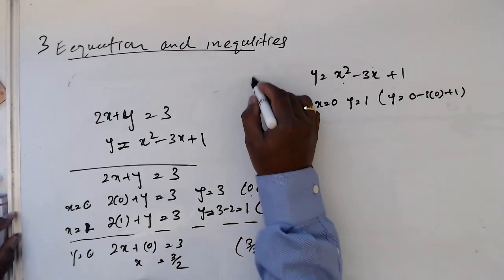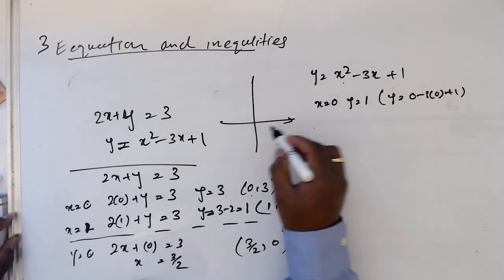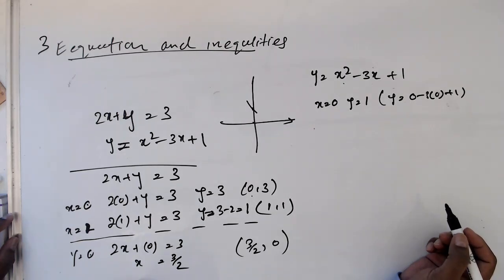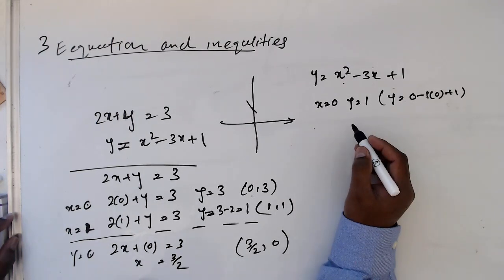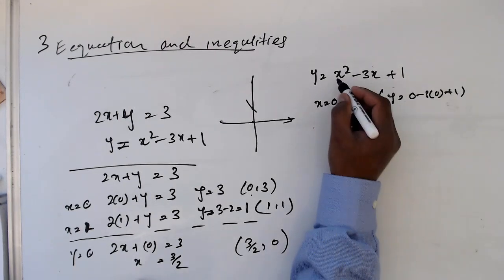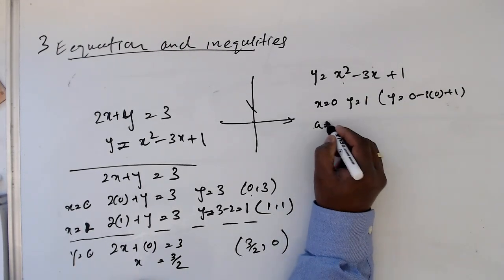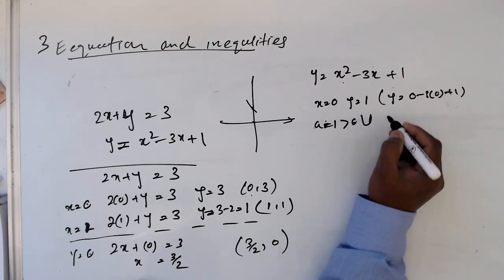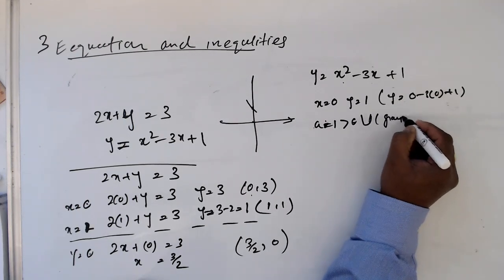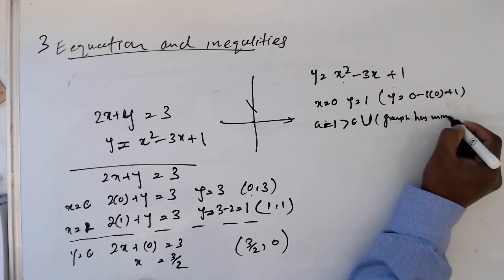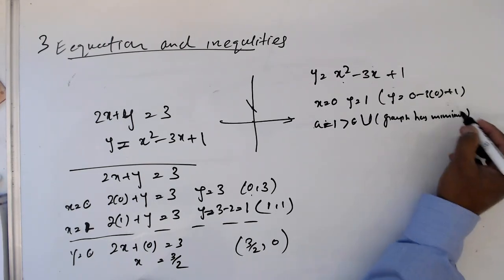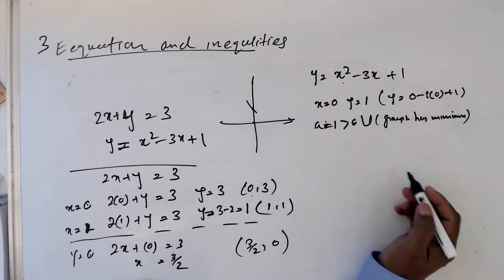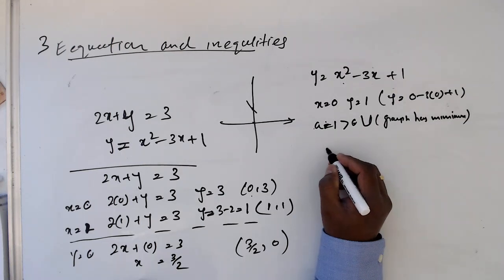The graph cuts at 0, 1. I know this is going to be like this. Also, a equal 1 is greater than 0, so it has a minimum. The graph has a minimum. So I want to find that minimum point. The technique I am going to use is completing the square.